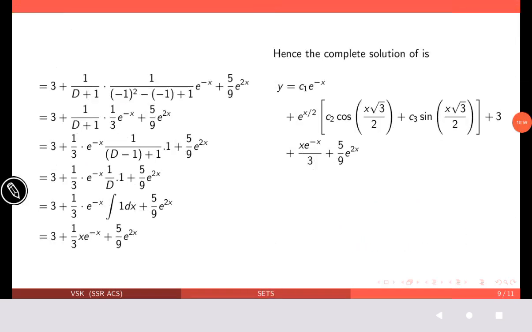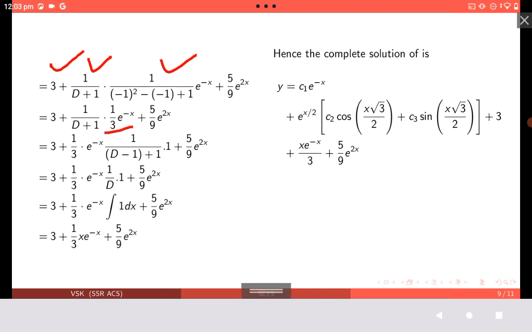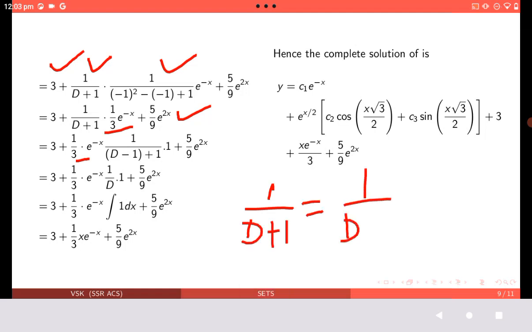And here in this part we can put the value minus 1. This remains as it is. Here we put minus 1. And when we solve, this becomes 1 upon 3 e to the power minus x, this expression as it is. And now here 1 by 3 goes out and we apply the shift formula here. And this becomes 1 upon D plus 1, which becomes 1 upon (D minus 1) plus 1.